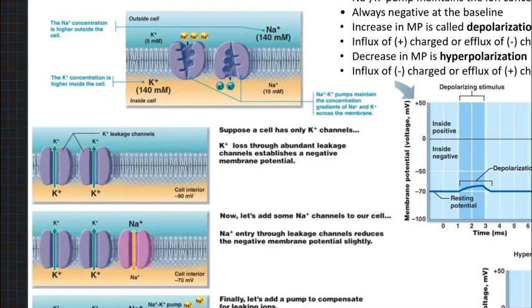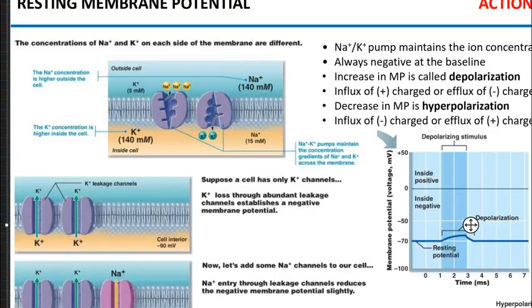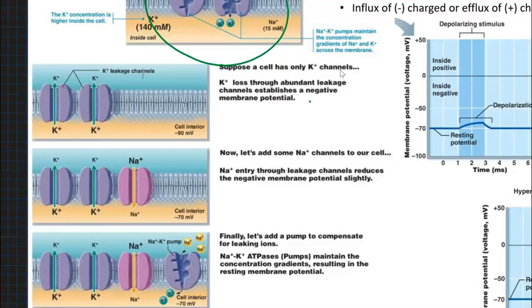So the last detail about resting membrane potential: if you look at this image right here, you can see fairly clearly that sodium and potassium are two ions that determine the resting membrane potential. But look at this. If you let these ions constantly leak, eventually concentrations may equilibrate on both sides.